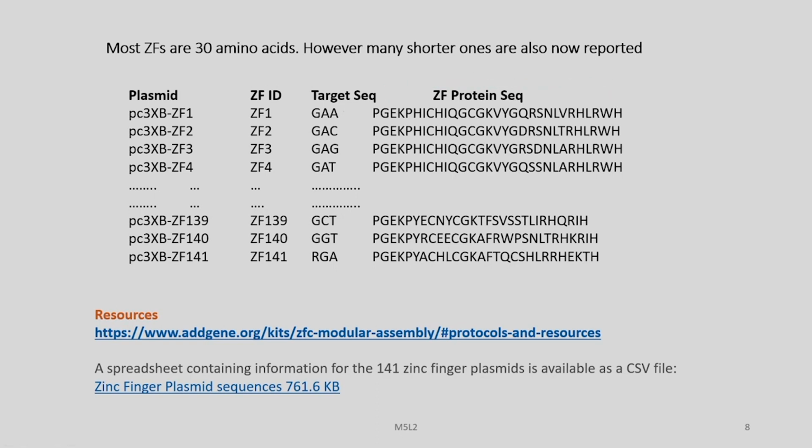Most of these ZFs are 30 amino acids long. However, many shorter ones are also now reported, and you can visit this site by @genes for further information, and there is a spreadsheet containing information for all these 141 zinc finger plasmids as a CSV file which is downloadable.